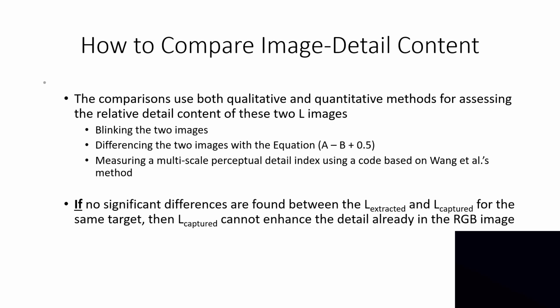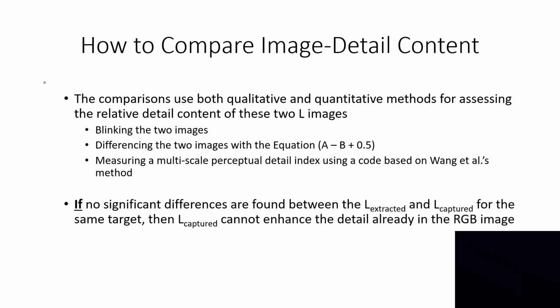But there's actually a quantitative method out there that was developed by a gentleman by the name of Wayne, and it looks at multi-scale perceptual detail. It tries to measure the way we see detail in an image and to compare one image's detail to another image's detail.